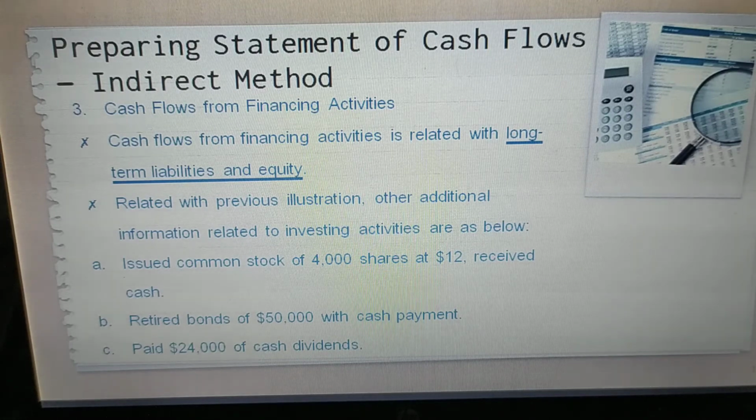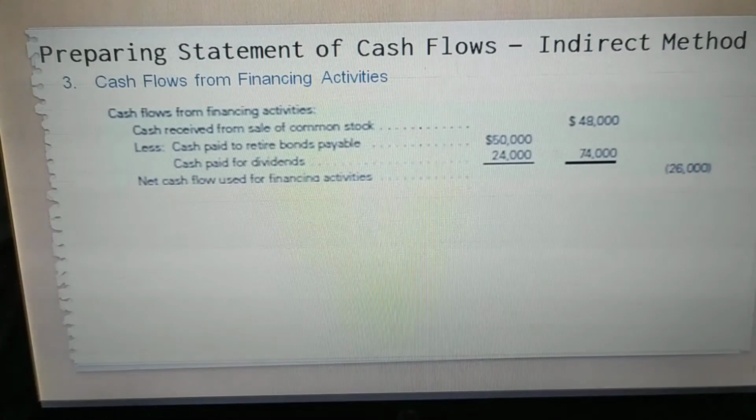So this is the cash flow from financing activities section. We issue the stock, we receive the cash, that's why it is 48,000 positive. Then cash paid to retire bonds payable: because we pay our bonds, we use our cash, so it is minus 50,000.